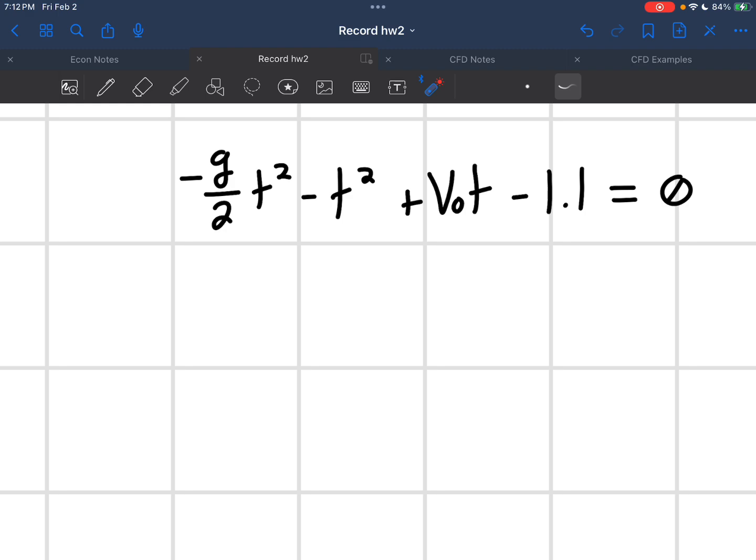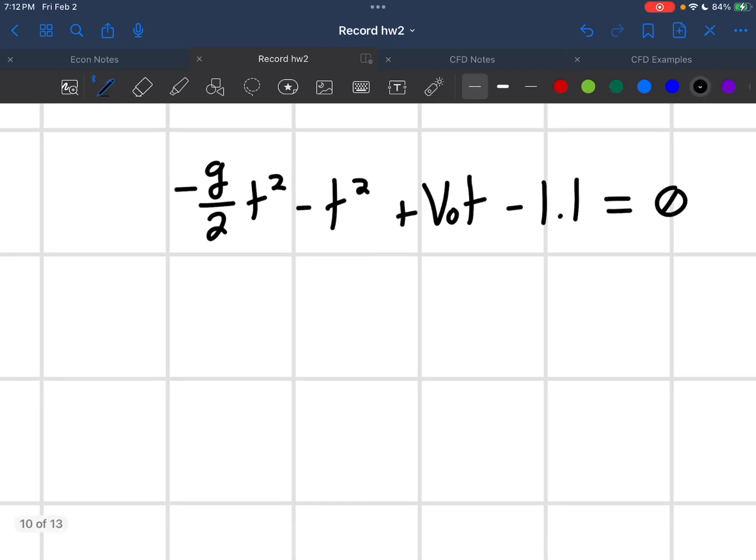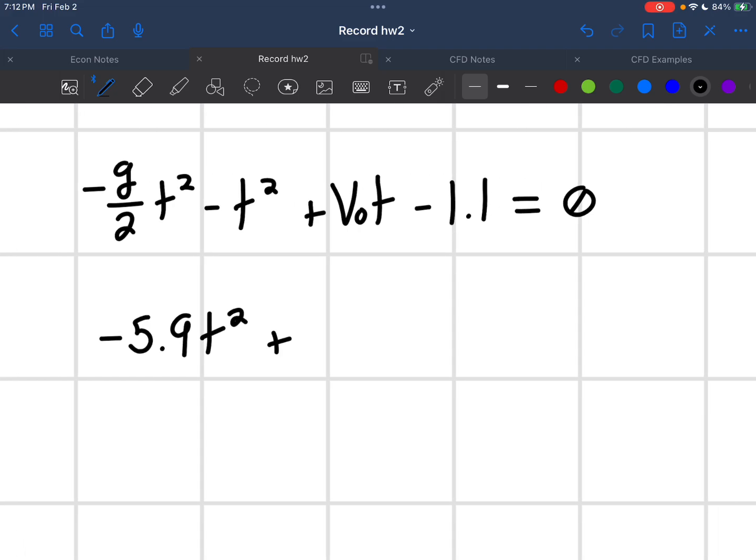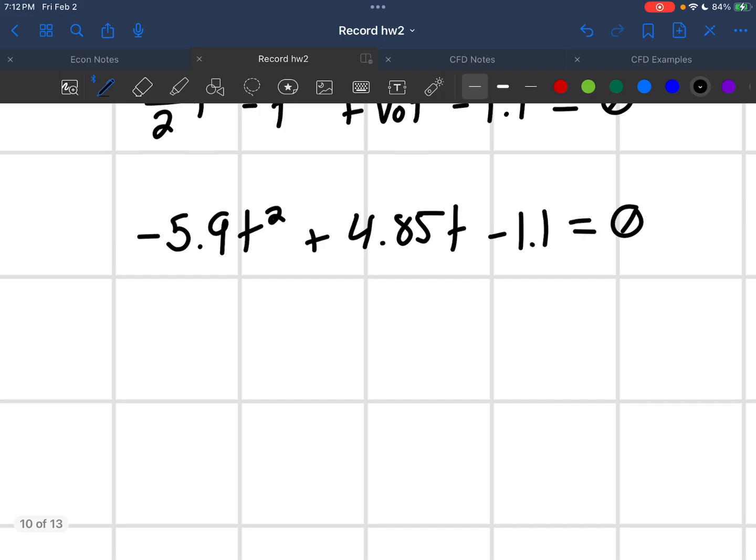So I'm just going to simplify this a little bit more. This is the only time I'm going to probably plug in 9.8 for g ahead of time, because this is going to be negative 9.8 divided by 2, so it's going to be 4.9. So negative 4.9 minus 1, so it's negative 5.9 t squared plus, and again I'll plug in my 4.85 t minus 1.1 equals 0.